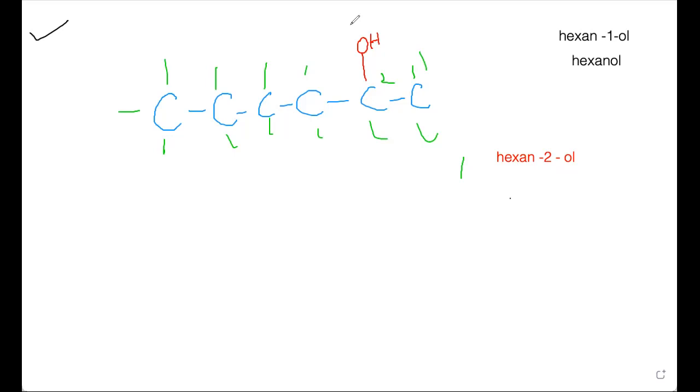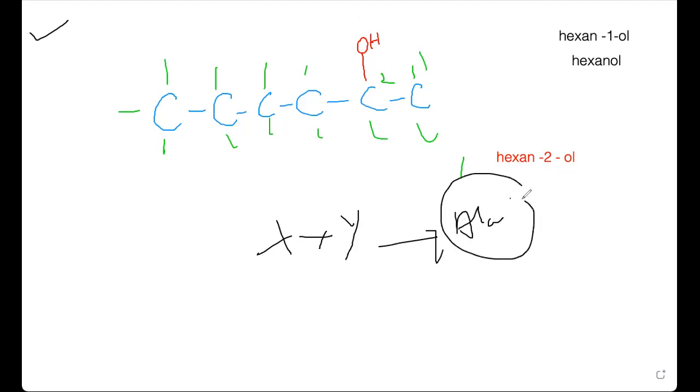And one more thing, the formation of alcohol is not that easy in A levels. If you say, Miss, I have X and Y, and together they are giving me alcohol, so which type of alcohol?